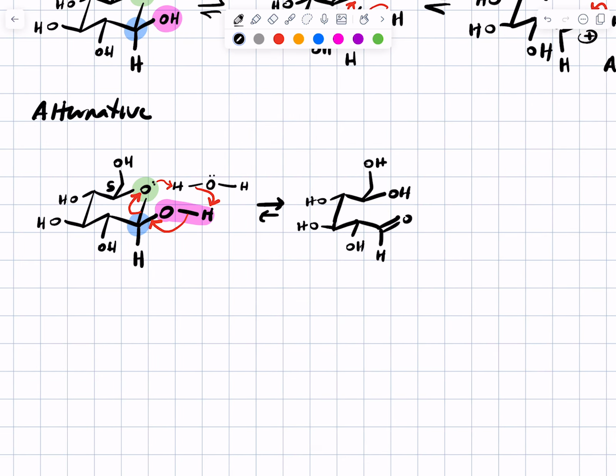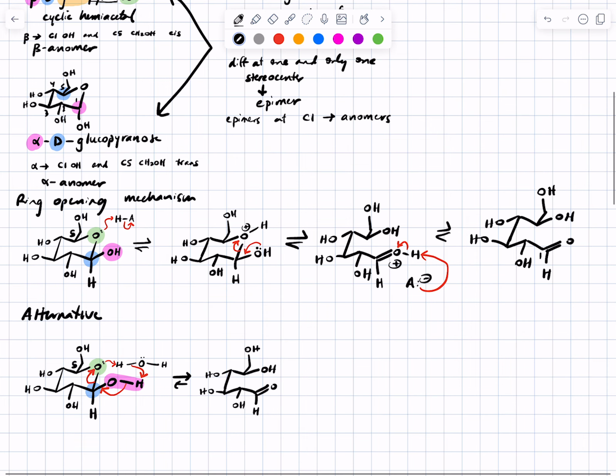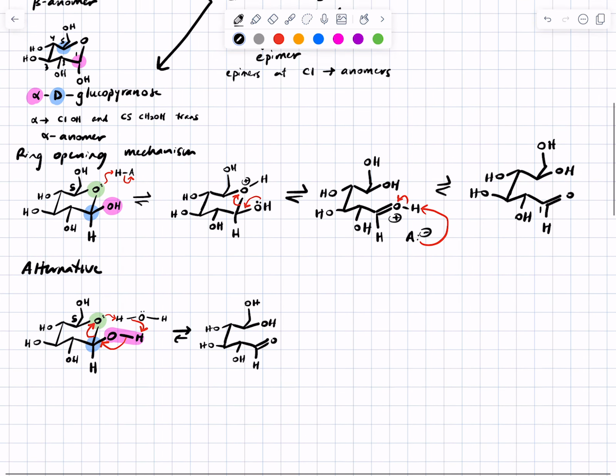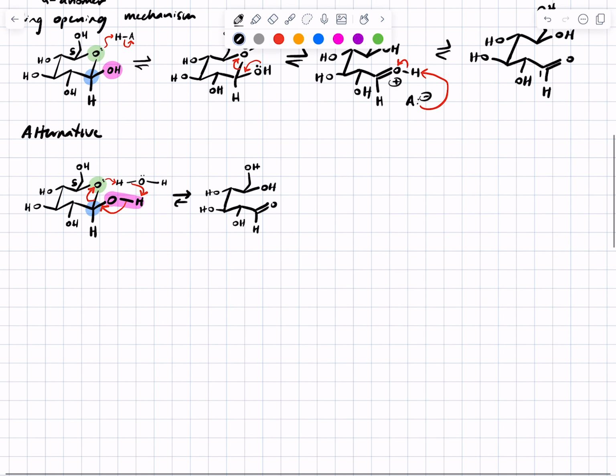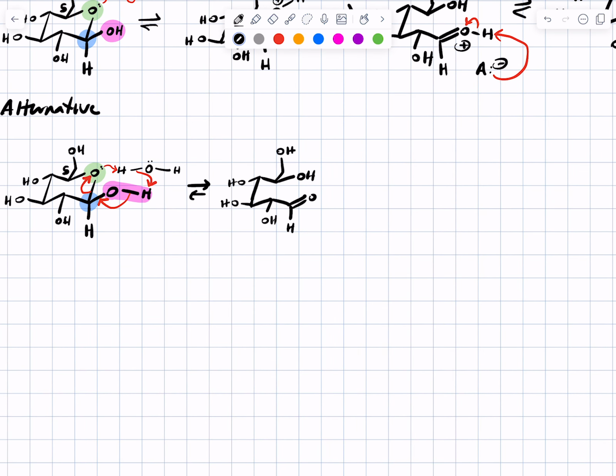All right. So that's ring opening. Now let's talk about interchange between the alpha and the beta anomers. It turns out that you can interchange between alpha and beta anomers via the ring opened product.